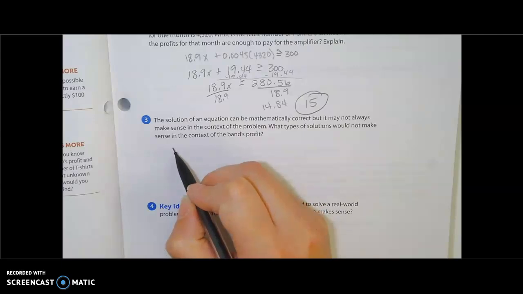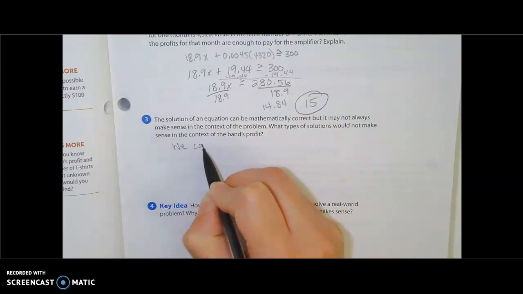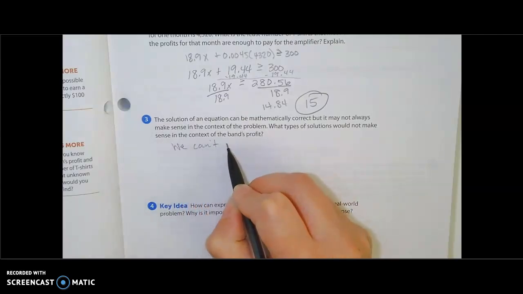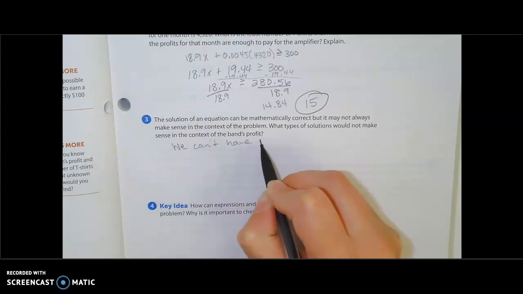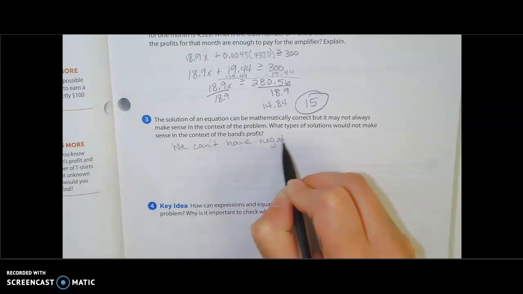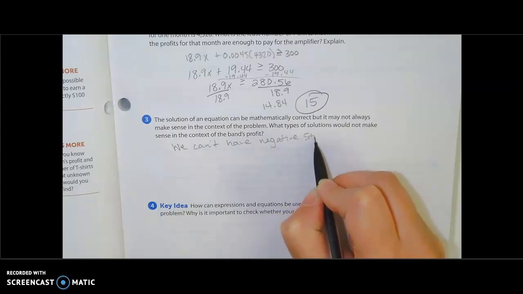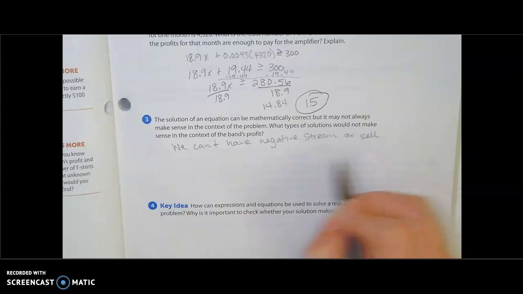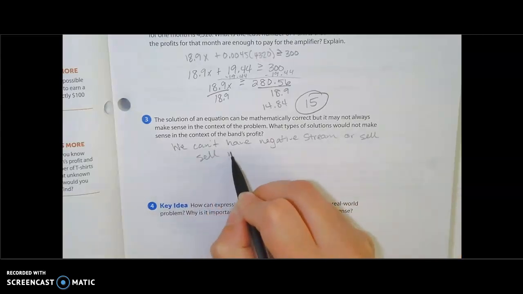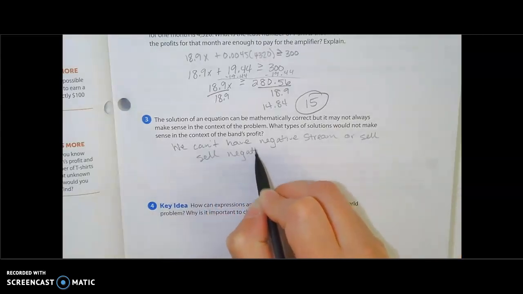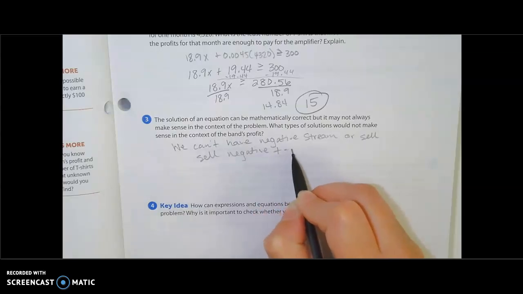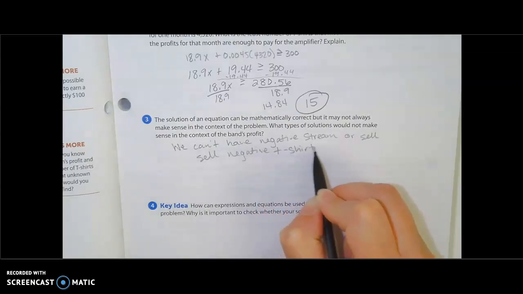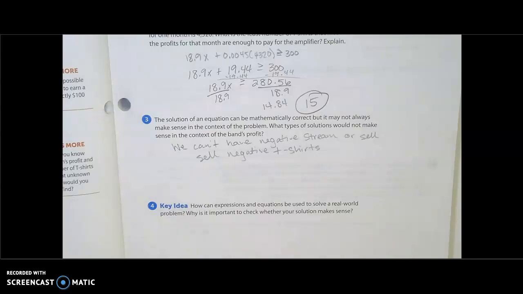We can't have negative streams or sell negative t-shirts. So those would have to be greater than or equal to 0. We could sell 0 of them in a month, but we can't go negative.